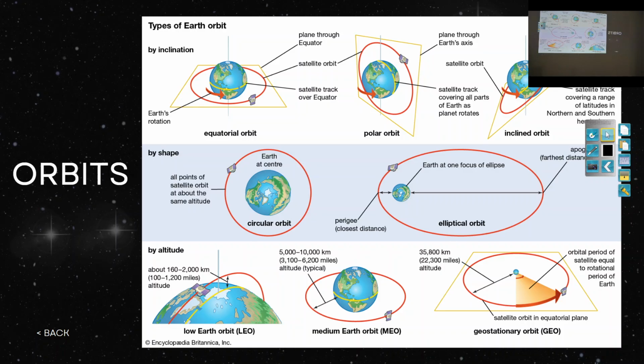Then medium earth orbit, 5000 to 10,000 kilometers. This is the GPS system, global positioning system. GPS is placed in the medium earth orbit, which helps in finding out locations, right? The GPS system is placed in the medium earth orbit.